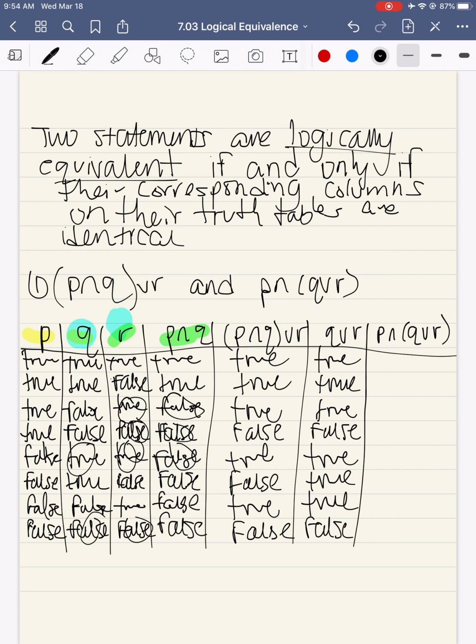And so now on to our last column here. So we are going to use the P column and the column that we just created. And those are going to be connected by and. So and is only true if both of the statements are true. So we have true, true, so that is true. True, true is true. True, true is also true.